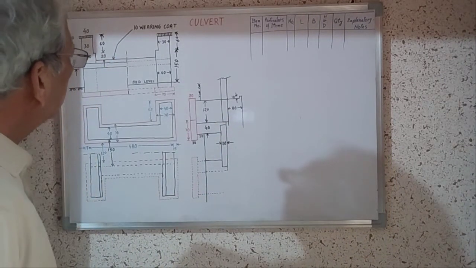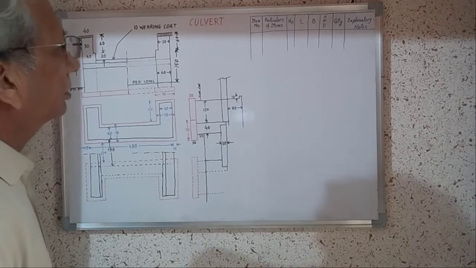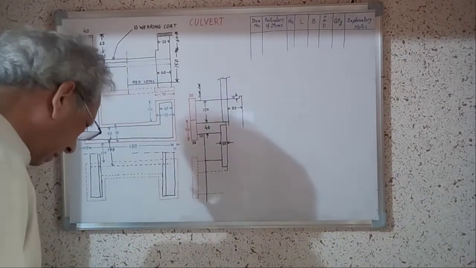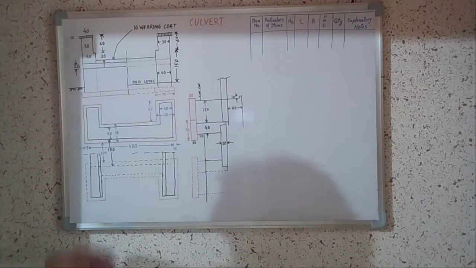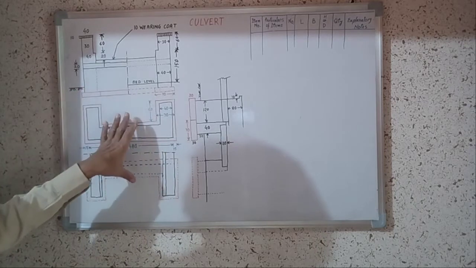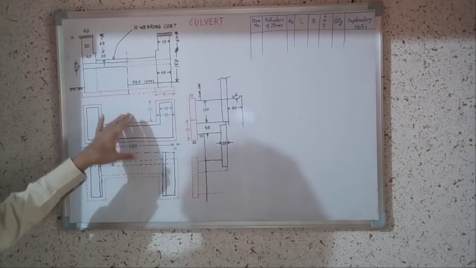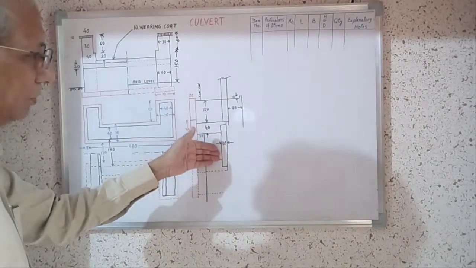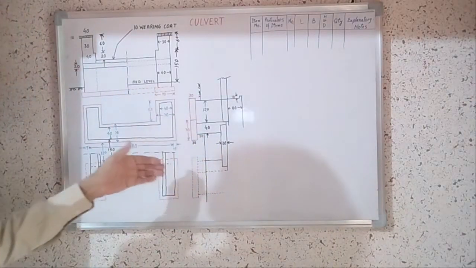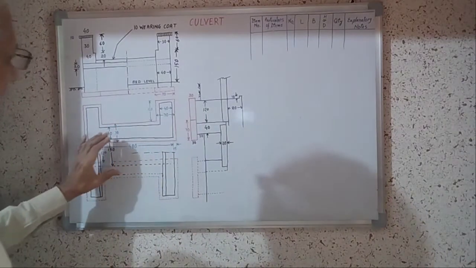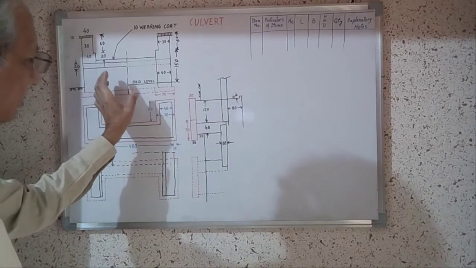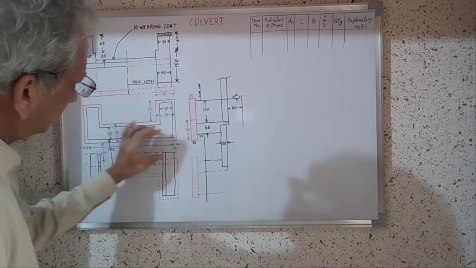Now here, first I will give the introduction of this image. This is the plan of the culvert. This is the elevation of the culvert, and this is the cross section of the culvert. Now in this you see that water is flowing in this direction.